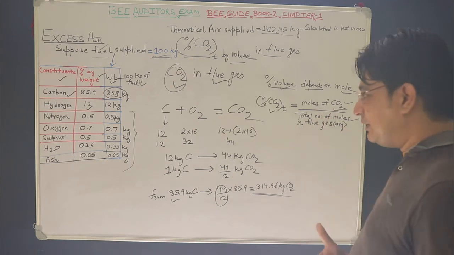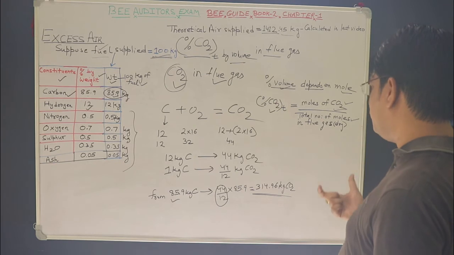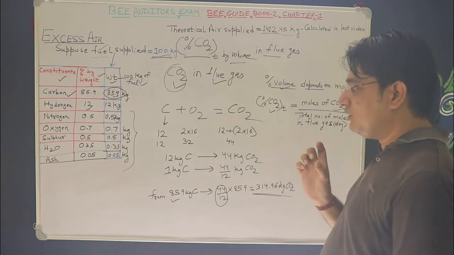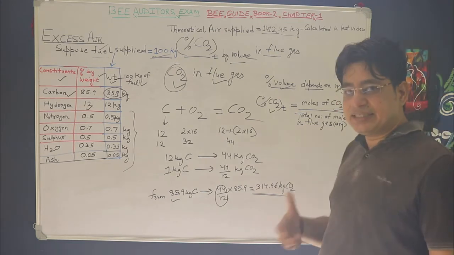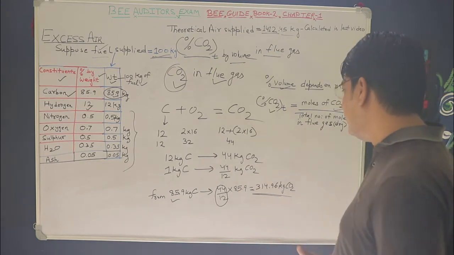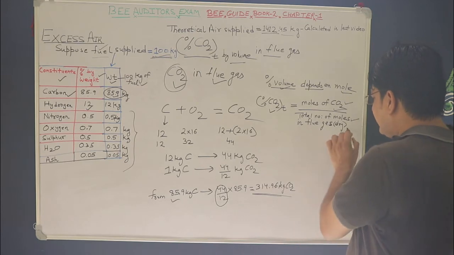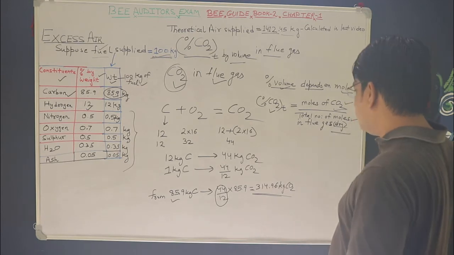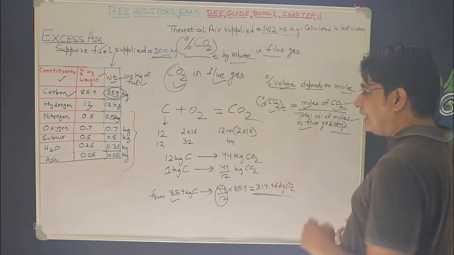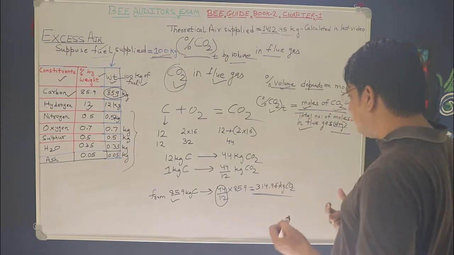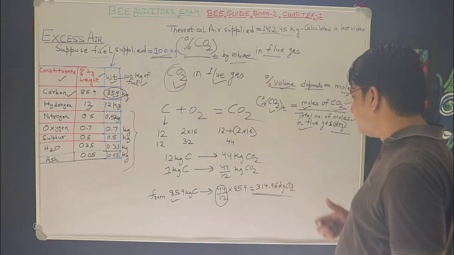And friends, do remember that while calculating the total number of moles in the flue gas, we will not consider water, that is H2O, because water is taken as a separate case, as you will see subsequently. Therefore I have written dry here, as you can see. So now what do we need to do further? We need to calculate moles of CO2 and the total number of moles that will be present in the flue gas.